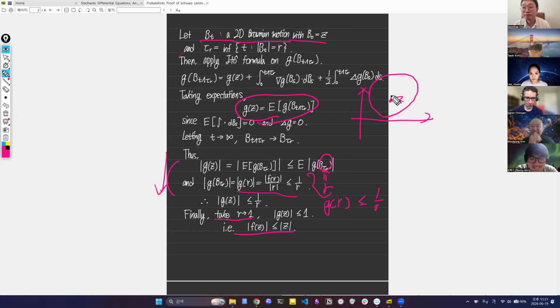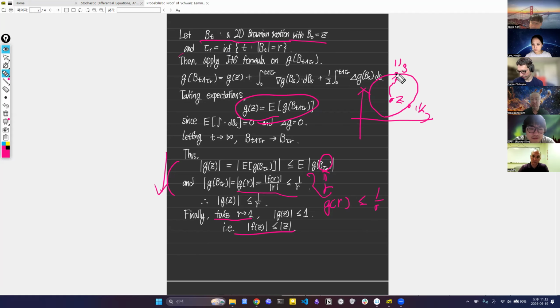At some time, the process hits the boundary. Each point of the boundary has a probability of being hit first, for example one third.